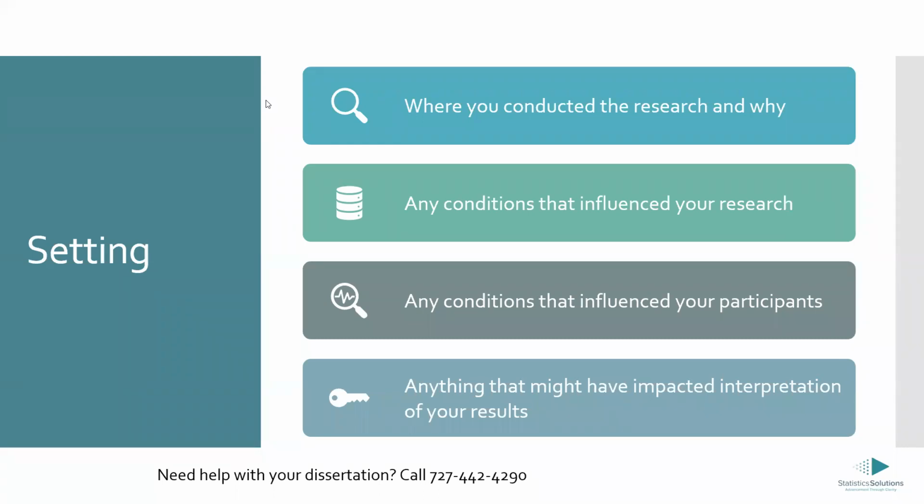And that may be something that influences your research that you'll need to talk about here, because it helps paint the picture of the process of conducting the research, and that can have an influence on your findings that will need to be discussed either in this chapter or in the discussion chapter, because that can impact your interpretation.